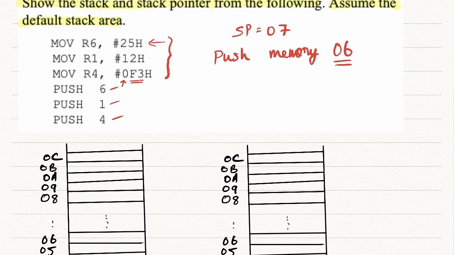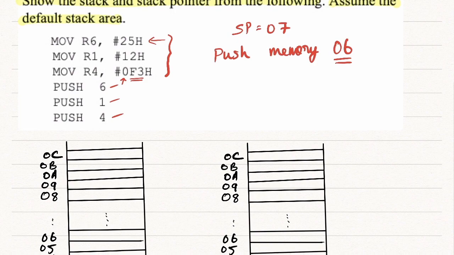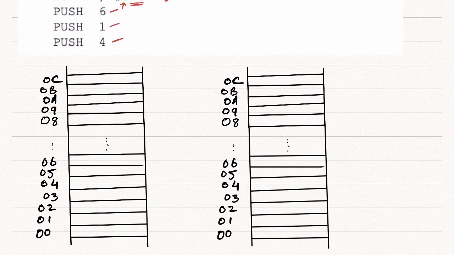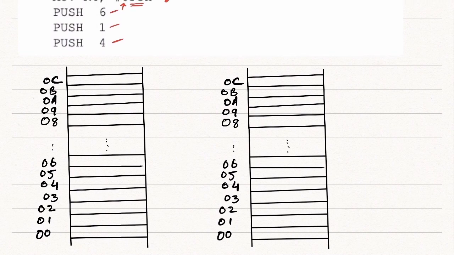I have just mentioned those memory locations here again. So please remember, this is again internal RAM, and this is also internal RAM. A section of this memory is shown here. Since our SP is 07, the stack memory is from 08 onwards.